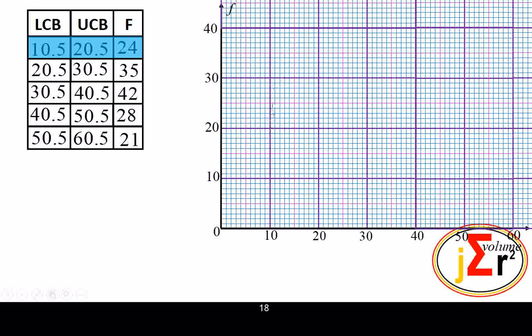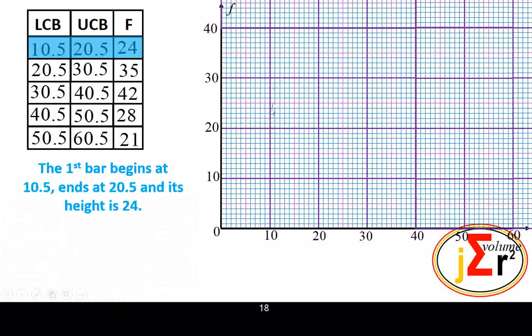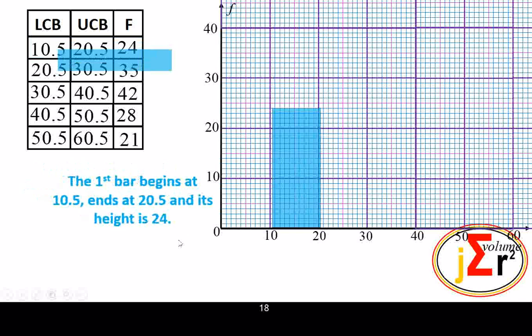So that's the height. The first bar begins at 10.5, ends at 20.5, and its height is 24. We have it right there. What will happen next?